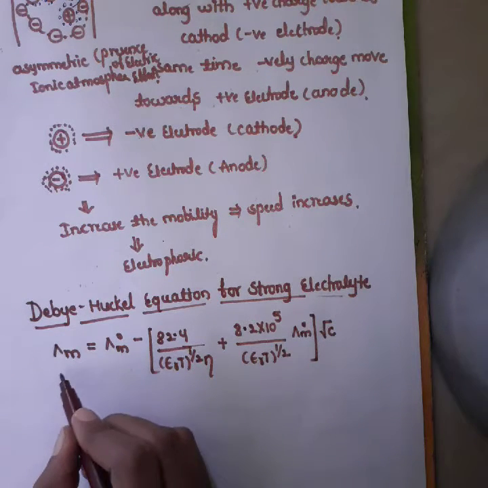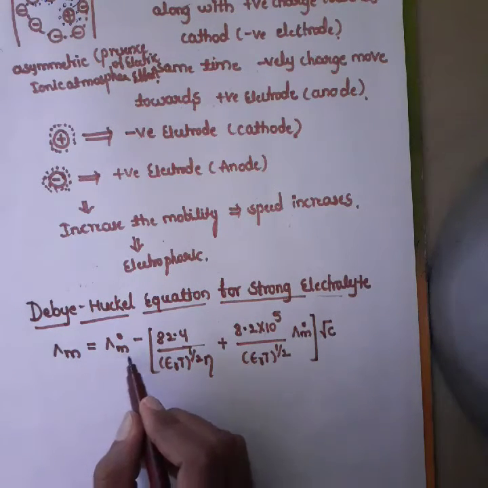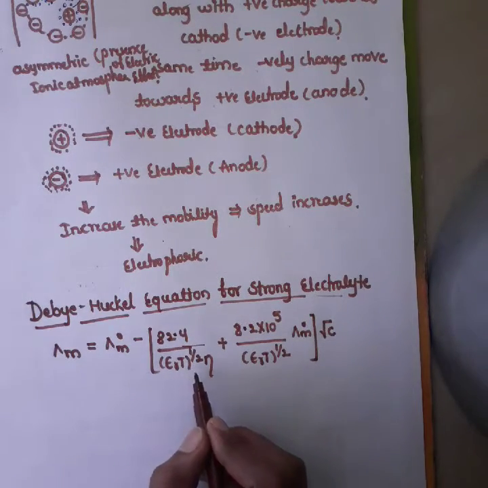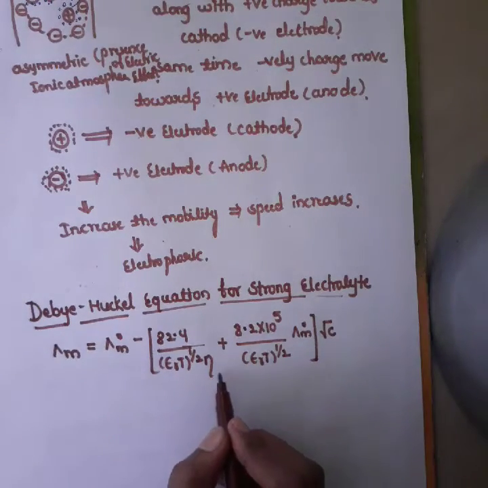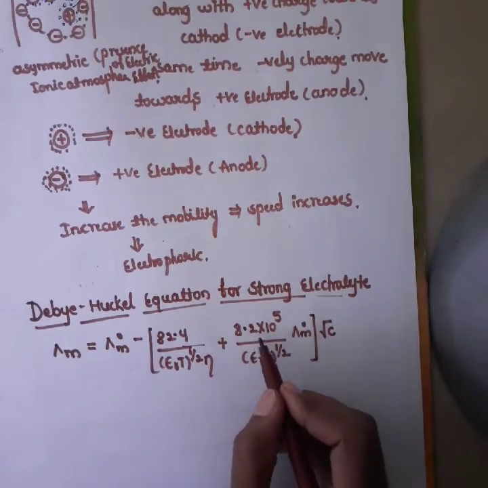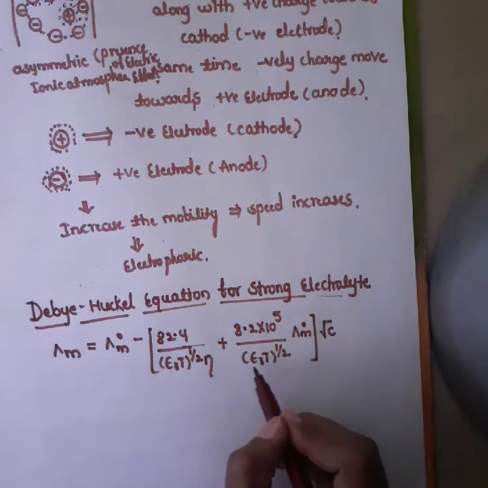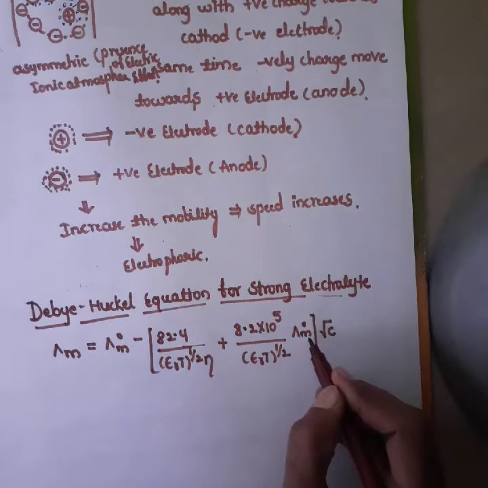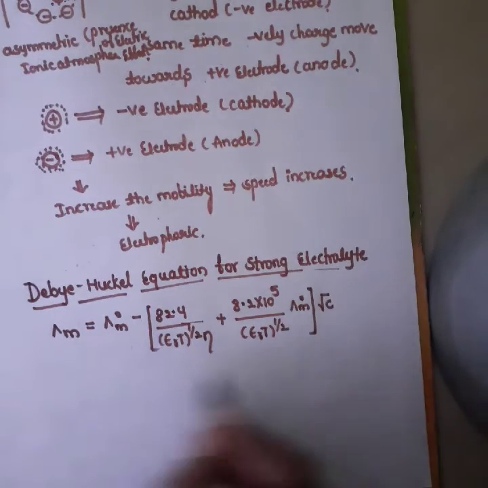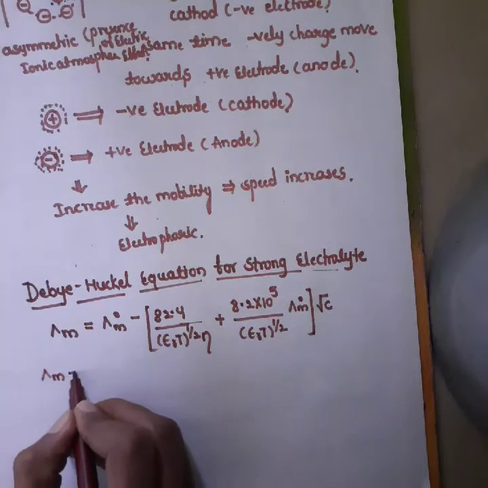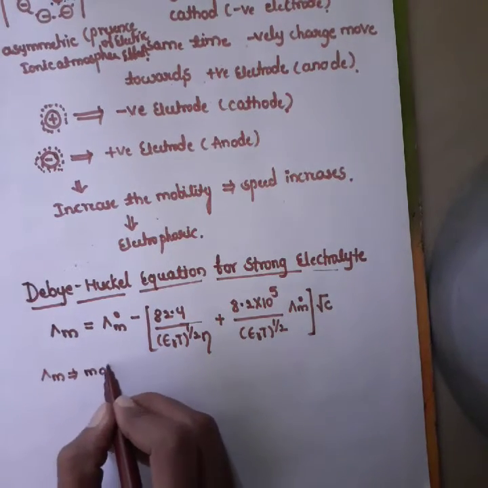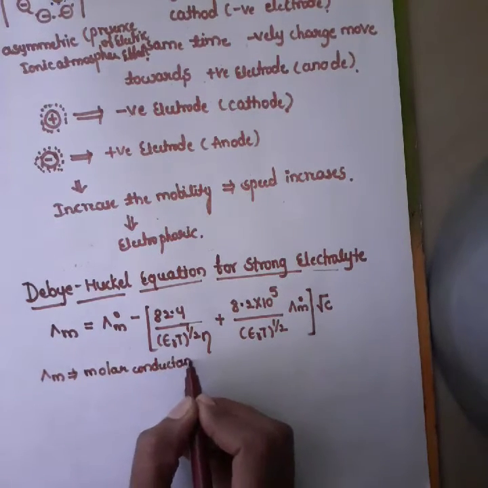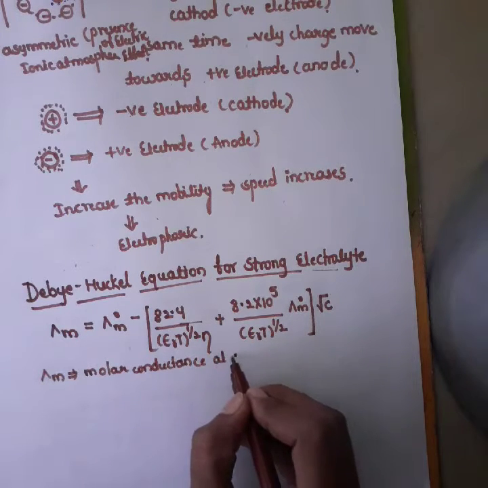Debye-Hückel equation: lambda m is equal to lambda m naught minus 82.4 divided by epsilon r T raised to 1 divided by 2 into eta, plus 8.2 into 10 to the power of 5 divided by epsilon r T raised to 1 divided by 2 lambda m naught into root c, where lambda m is called the molar conductance at the given solution.